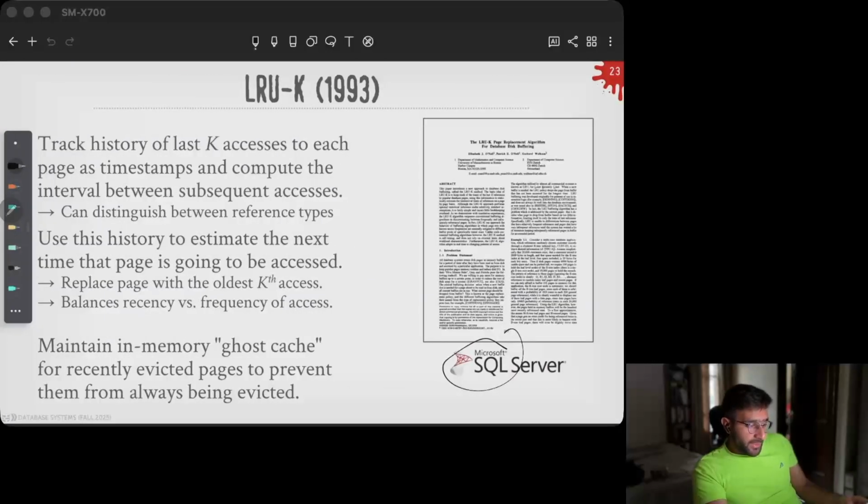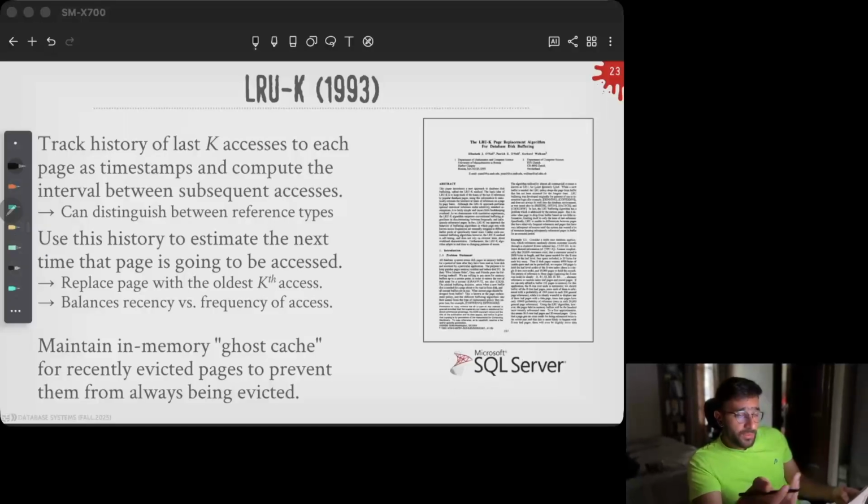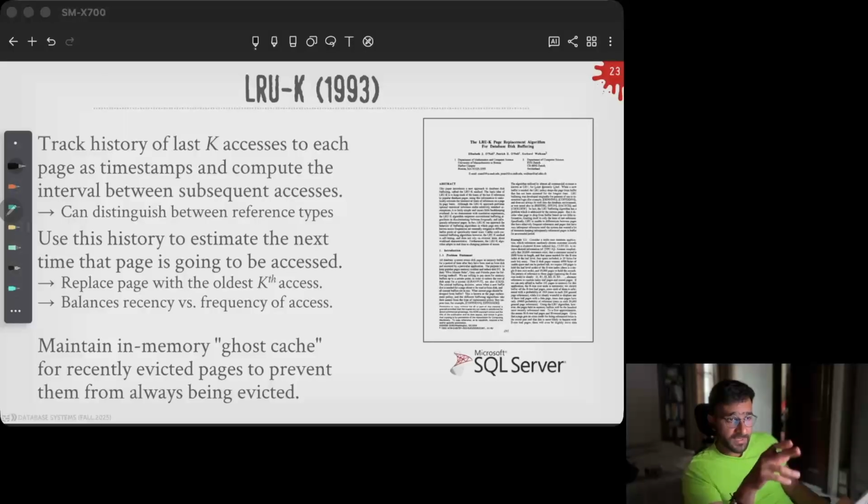So let's talk about LRU-K. In LRU, we were just maintaining a linked list, and as pages were accessed, we were moving pages to the front of the list, and slowly with time, they traversed their way back to the tail of the list. What we do in LRU-K is we maintain K timestamps for the page.